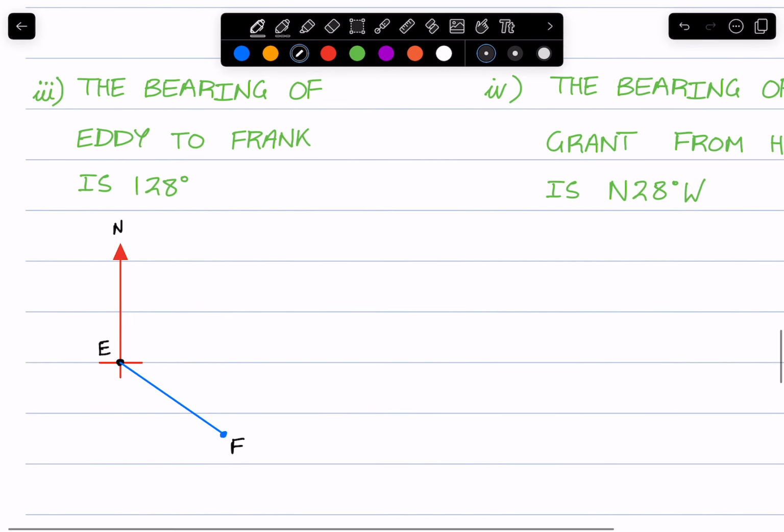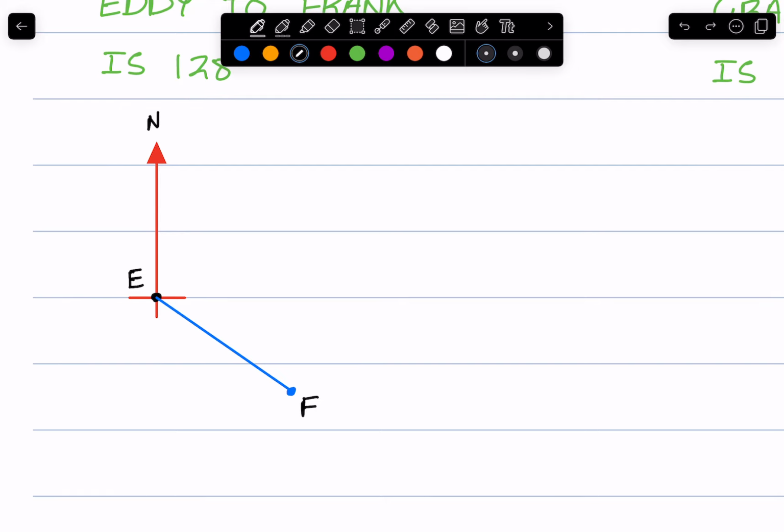Now, we could just write that this is 128. But for later, since we're going to be working with trigonometry, it's best to draw this against one of the cardinal directions. Meaning, it's better to draw this angle instead of the full 128 degrees. It's better to draw just either this angle or this angle, either one, so long as it's an acute angle.